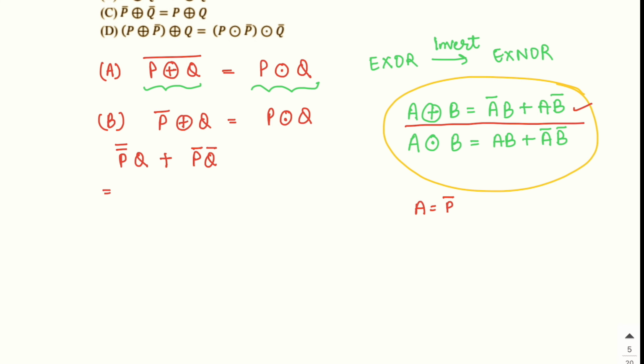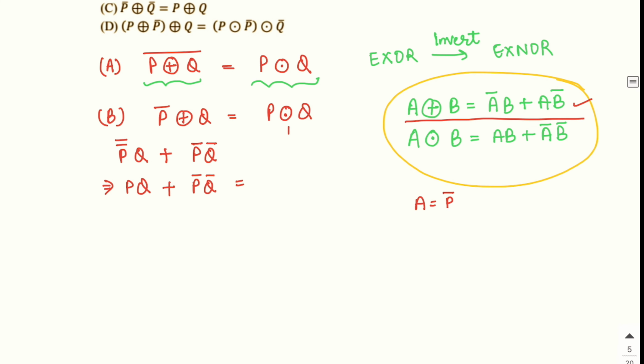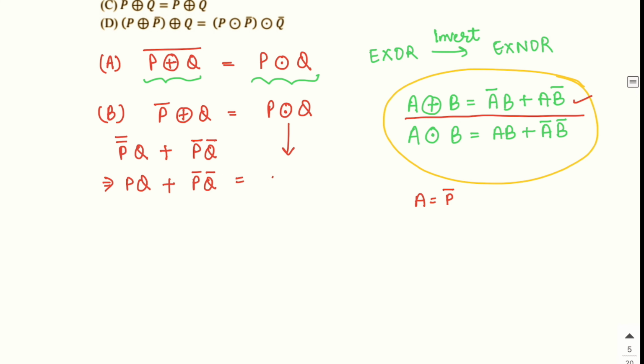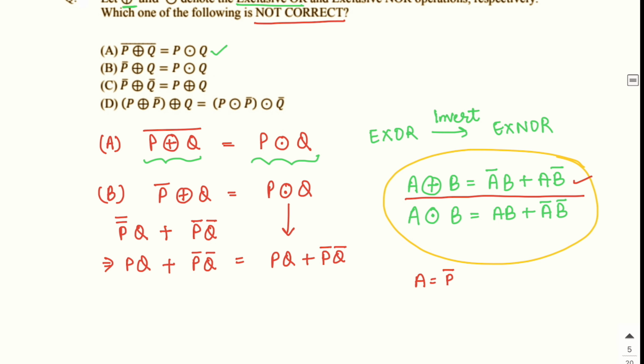Then double complement of P is P itself. So PQ plus P bar Q bar. And yes, this is equal to the right hand side, because the right hand side is simply P XNOR Q, which according to my second expression is equal to PQ plus P bar Q bar. So even the second equation is correct. So this is also not my answer.